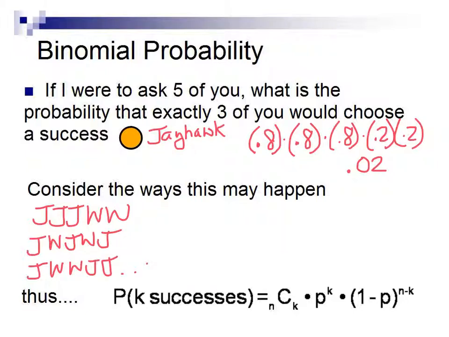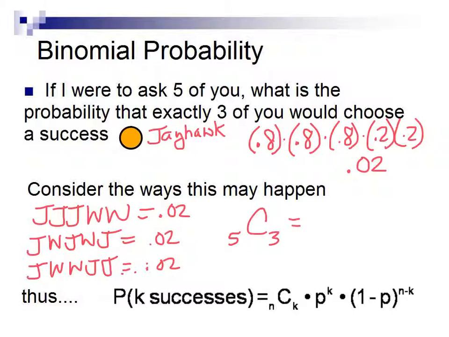So what I need to do is find out how many ways that can happen, because every single one of these is going to have a 0.02 probability. Let's figure out how many different ways I could rearrange those J's and W's. What it really boils down to is a combination: I've got 5 people and I'm choosing 3 to be Jayhawks.